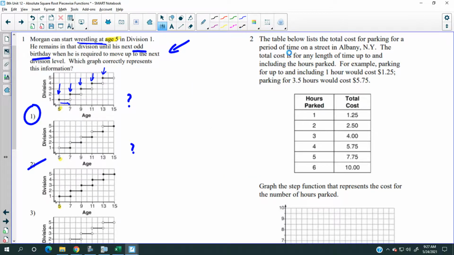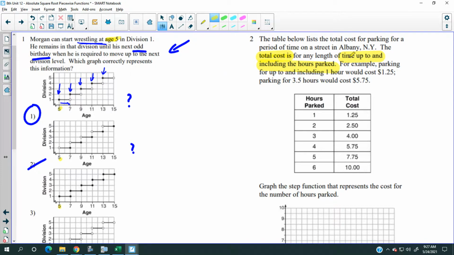All right. So look, the table below lists the total cost of parking for a period of time on the street in Albany. Okay, hold on. This is actually key. The total cost for any time is up to and including the hours parked. So that's telling you what to do with the circles. Is it going to be open or closed?